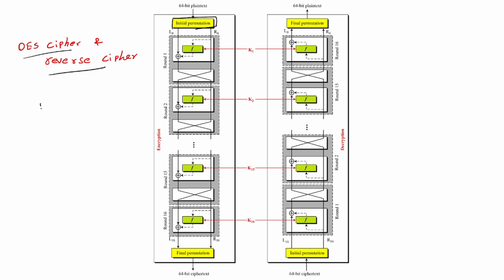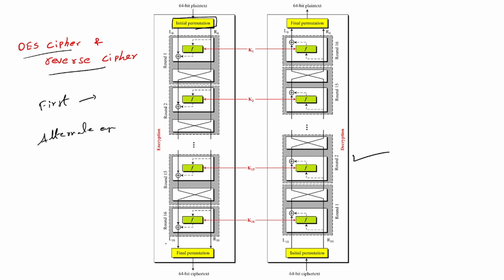The first approach is this first design of DES, and then the alternate approach. If you observe, there is round 1, round 2, round 3, and so on up to round 16, so a total of 16 rounds.